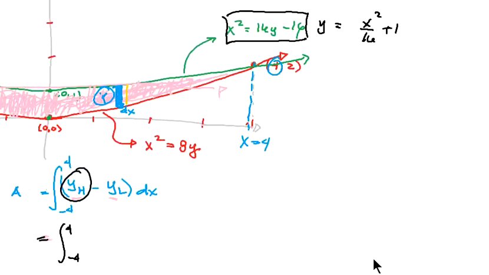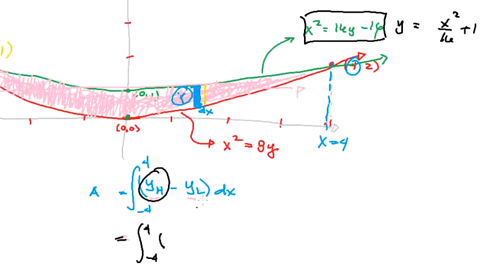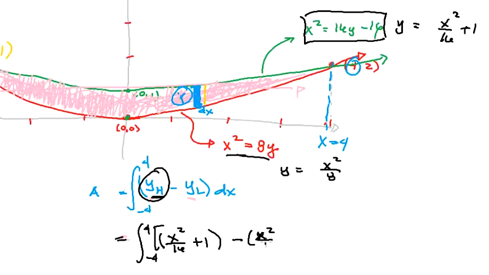So we will substitute the value of our y upper, function of x, that we have x squared over 16 plus 1, and then minus our y lower, wherein our y here is equal to x squared all over 8, so minus x squared all over 8, then dx.